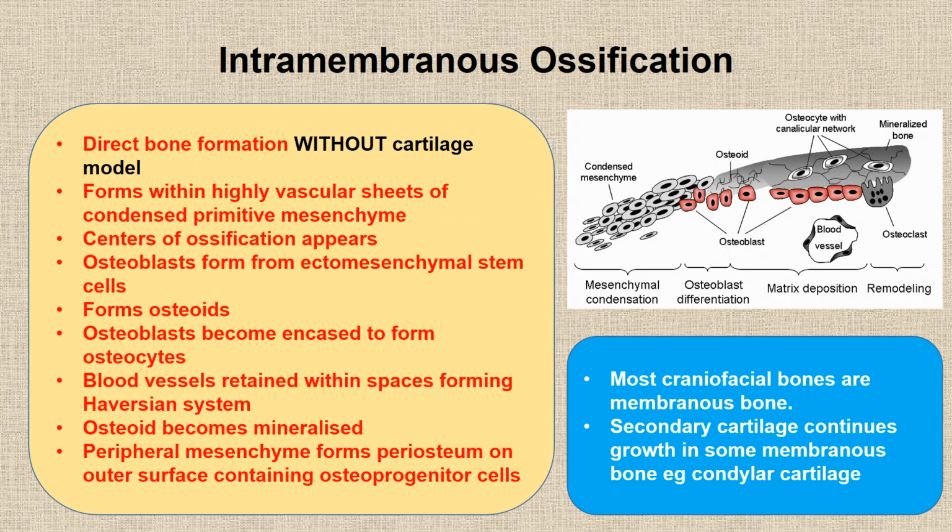Now, intramembranous ossification differs from endochondral bone ossification because this involves direct bone formation without any cartilage template. It forms within highly vascular sheets of primitive mesenchyme, and centers of ossification appear in this primitive mesenchyme.